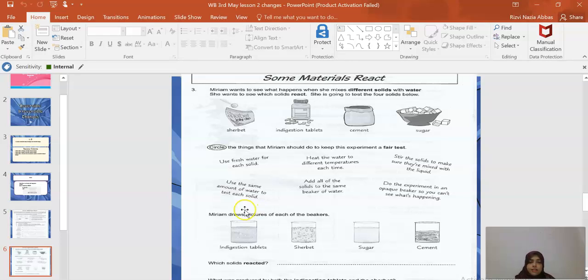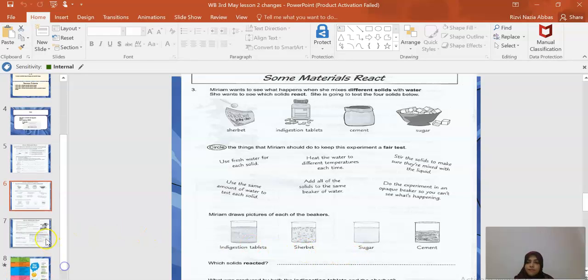You can see there are some bubbles in both of them, whereas here there's no bubble, it's clear water here, and you can see the cement and water has been mixed. So which solid has reacted? Okay, you have to explain that.